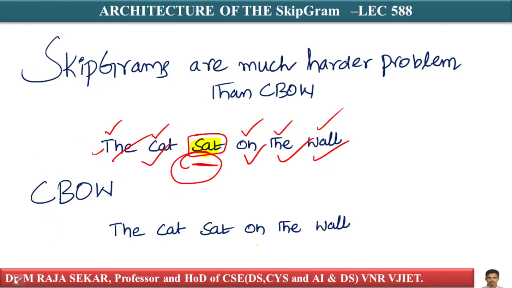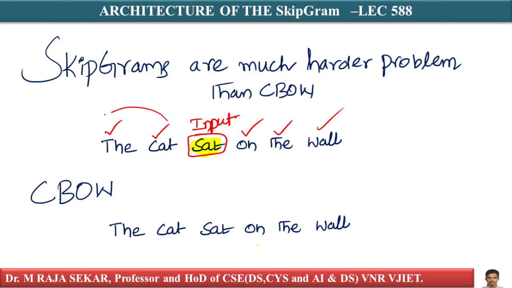Let me explain. In the case of SKIPGRAM, what is your input? This is my input, and this is the output.